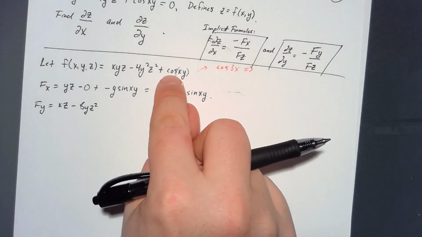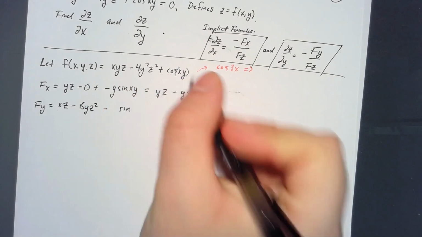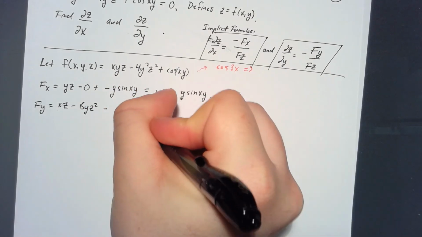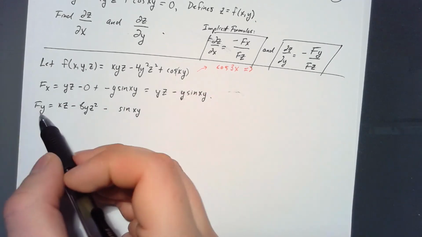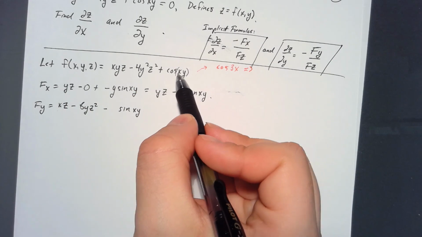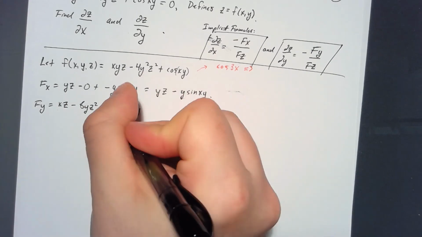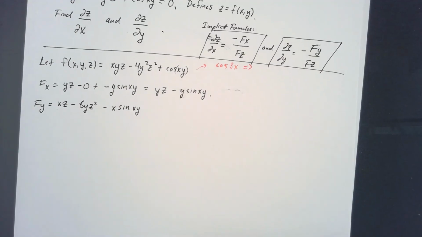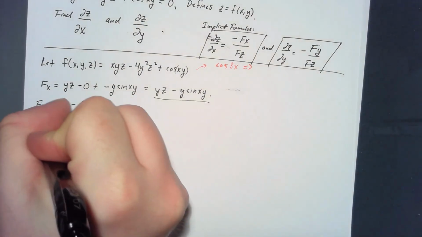So the derivative of cosine again is negative sine of xy. But since I'm differentiating with respect to y, x is coming out as a factor. So I'm going to have minus x sine xy outside. So that's the partial with respect to y, that's the partial with respect to x, and then finally partial with respect to z.